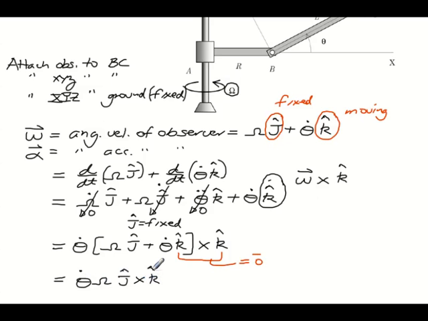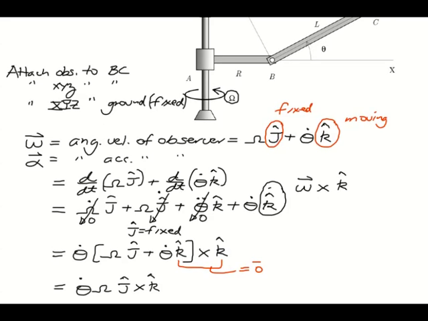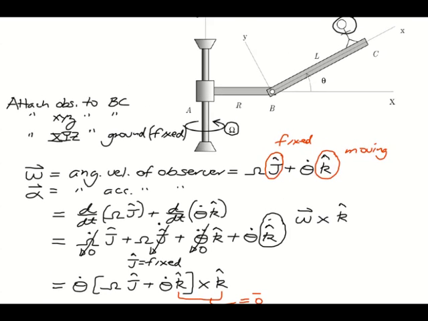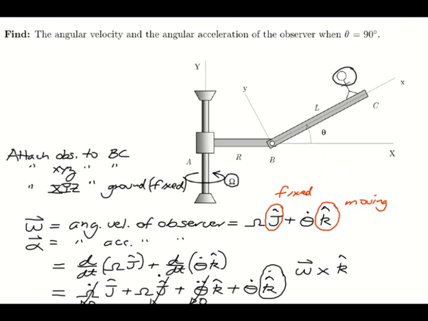Now, before we can do that cross product, we have to write both of these in the same set of coordinate axes. Either write big J in terms of small ijk, or write small k in terms of big ijk. Let's write big J in terms of small ijk. We want to find this when theta is 90 degrees, like that.